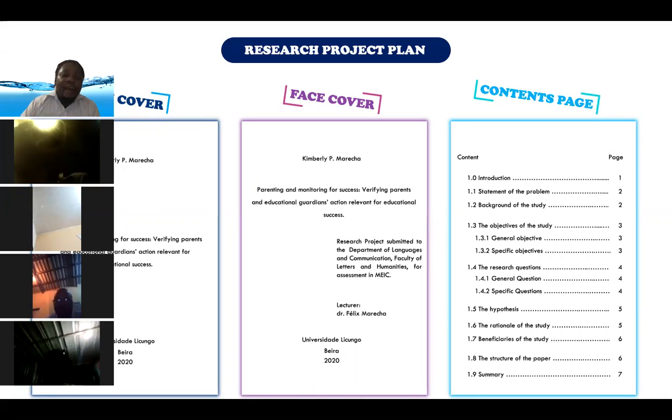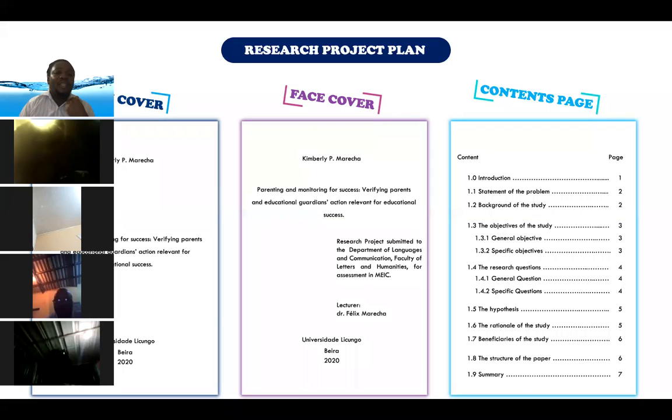Or we can have another hypothesis. For example, let's say we are talking about students failing in school, right? So we can say children fail in school because they don't have the support they are supposed to have from home. We are saying that when students are at home, they are not being supported by their parents or by their educational guardians.